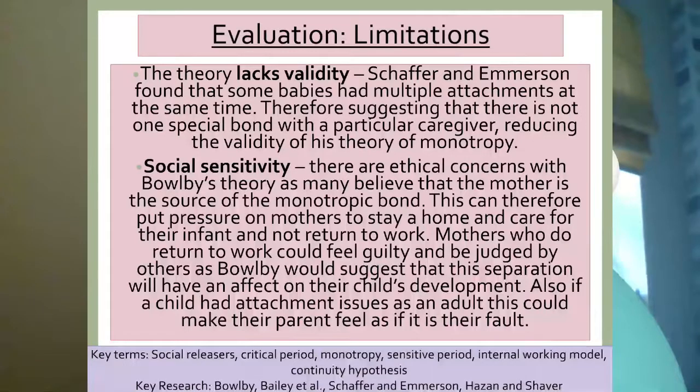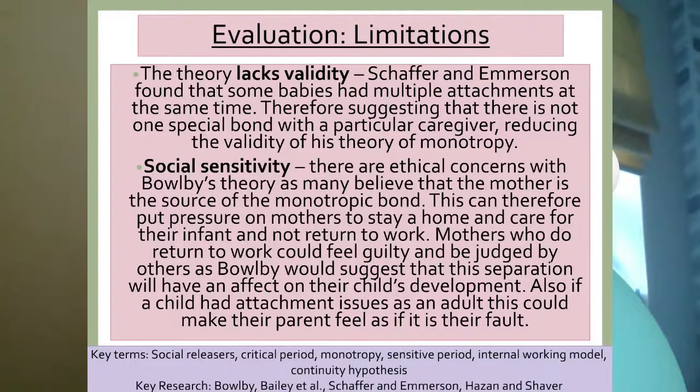So Schaffer and Emerson found that some babies in their study of Glasgow infants that we looked at previously actually had multiple attachments at the same time. So they would have attachments to more than one individual, and this therefore suggests that there isn't necessarily a particular monotropic bond where they have a preferred primary attachment figure, and this attachment is stronger.